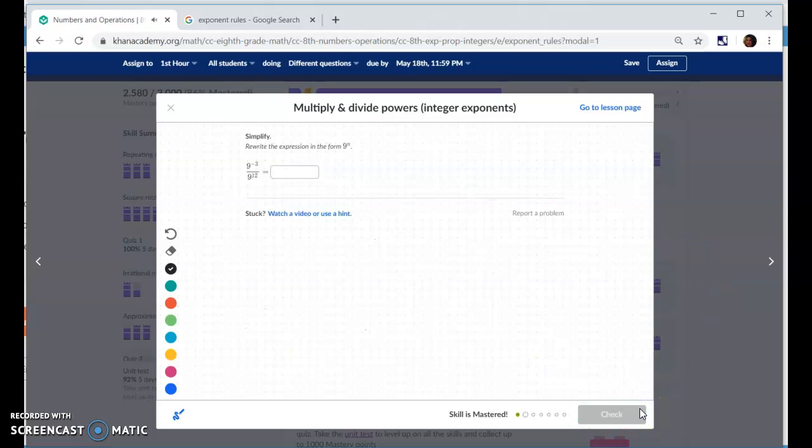Okay. All right, rewrite the expression in the form 9 to the nth power. So same thing here. I'm just taking my top exponent here. So negative 3 minus 12. Okay, negative 3, it's always the top minus the bottom.